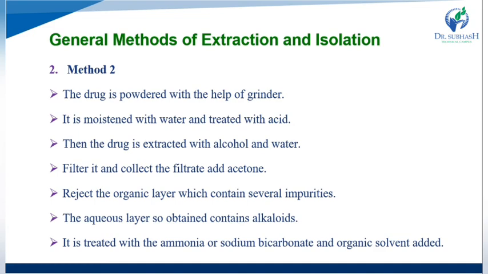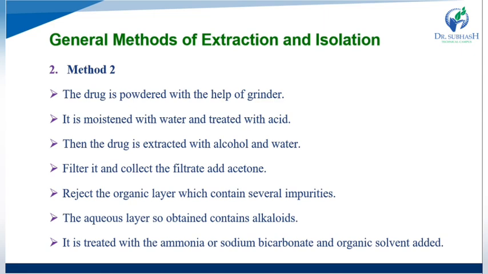Then the drug is extracted with alcohol and water, filtered, and the filtrate collected, and acetone is added. Then reject the organic layer, which contains several impurities. The aqueous layer obtained contains the alkaloid.